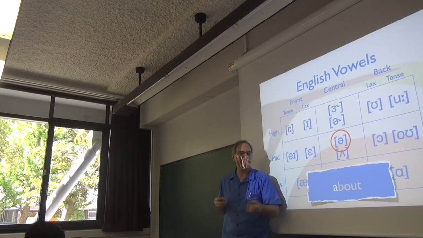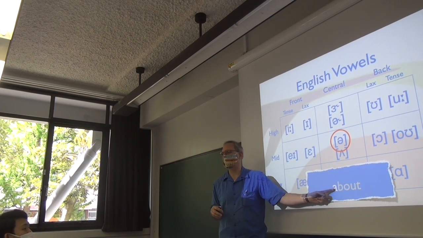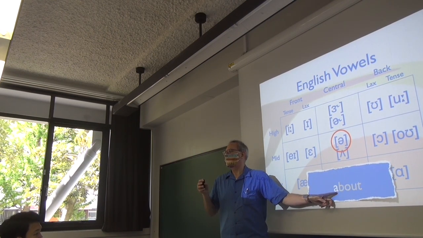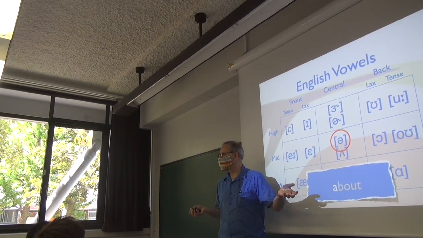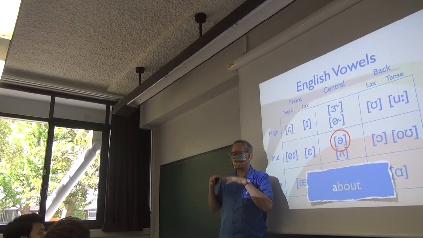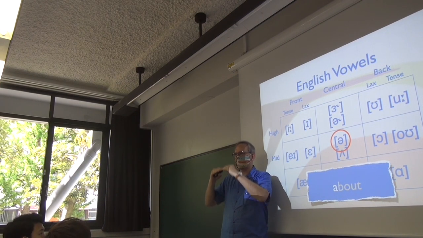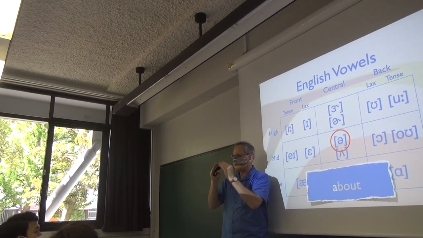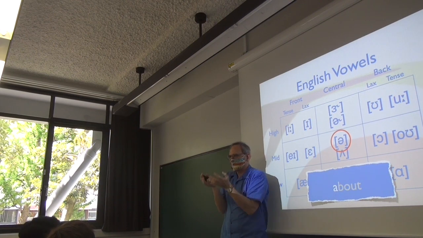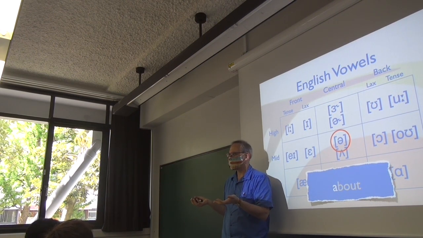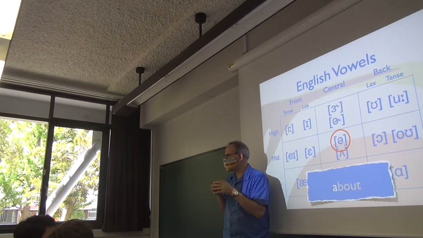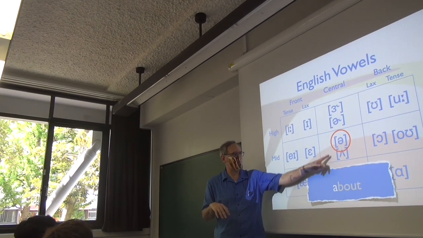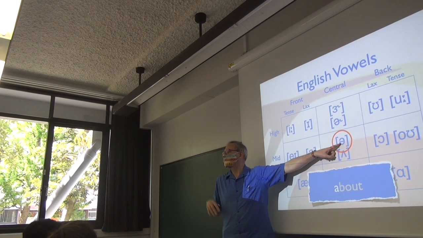It's weaker because it's unstressed. It's the sound you make when your tongue is neither high nor low, neither front nor back. It's always short. It's never lengthened because there's no tension of any kind. About.